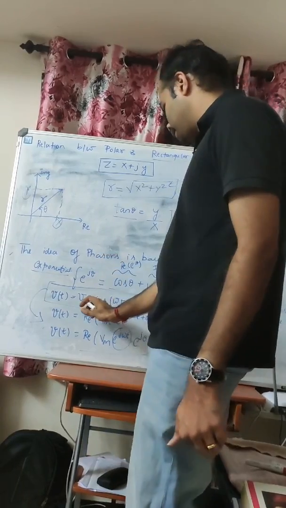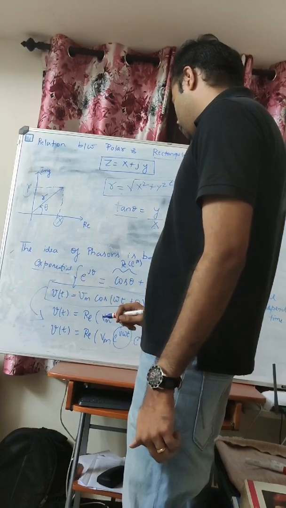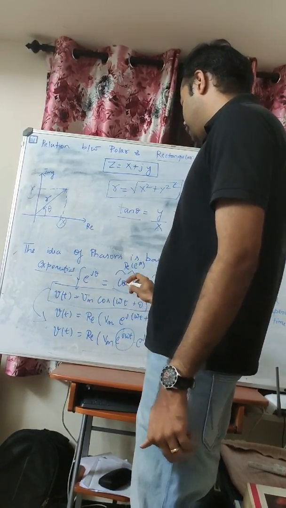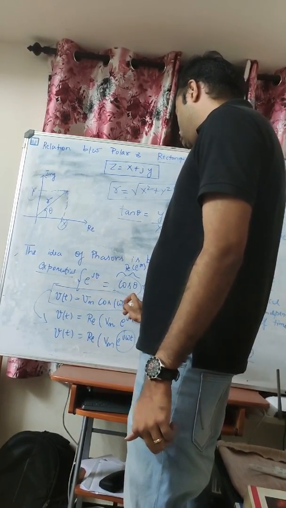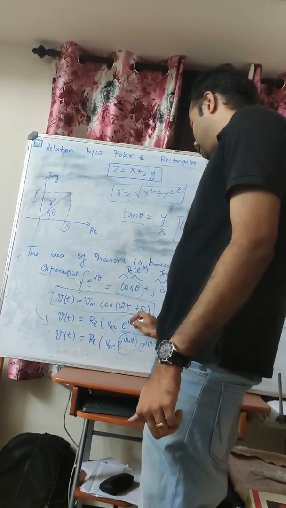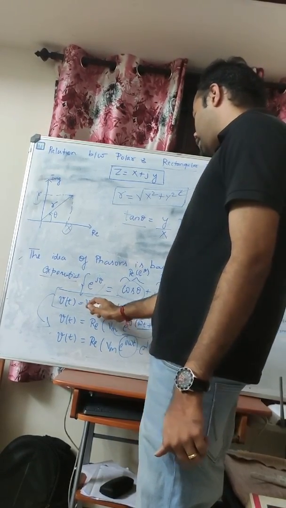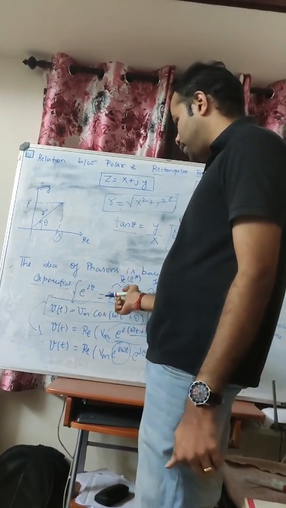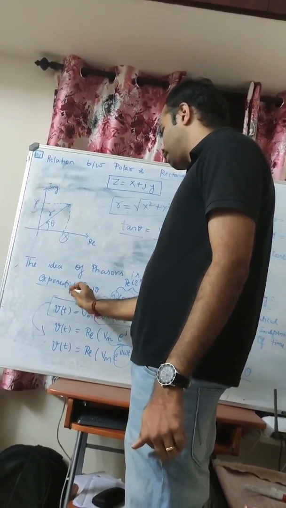So here, if you take Vm cos(omega t plus theta), where the cos theta representation can be related with e power j theta, where theta is nothing but omega t plus theta. Hence e power j theta can be replaced with e power j(omega t plus theta). And your Vm is nothing but the magnitude. Whenever you are not representing any magnitude, it is assumed that it is 1, and similarly the Vm over here is also equal to 1.